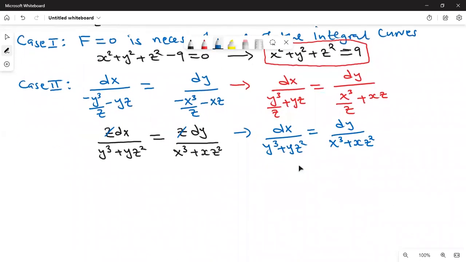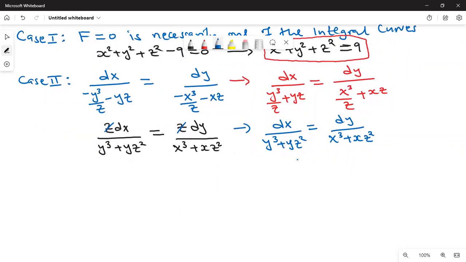Replace z squared, use your first solution. Instead of z squared, we substitute z squared equals 9 minus x squared minus y squared. What are we going to get?